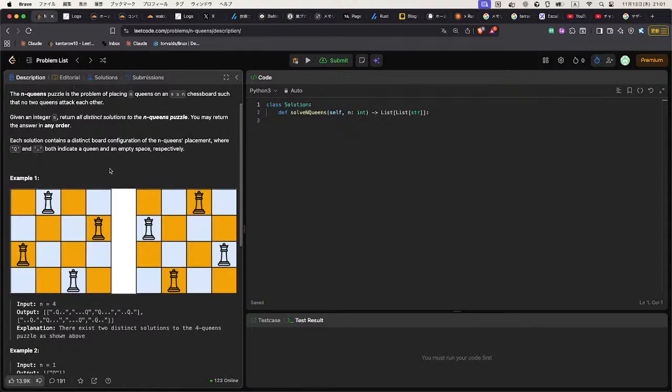The queen can move vertically, horizontally, and diagonally.